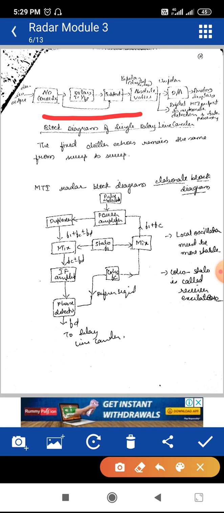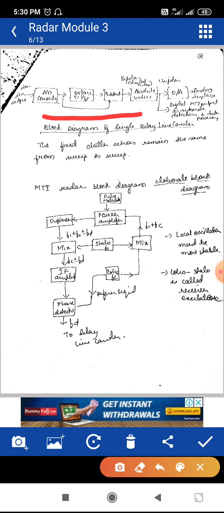So the signals we are getting because of fixed clutter, those echo signals will be subtracted. Only the Doppler frequency shifted signals will be received, so there will be an extraction of the information about the moving targets.